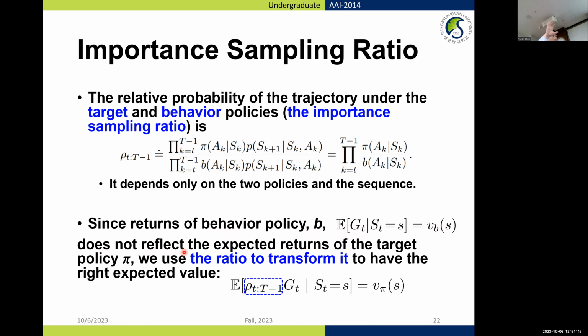It does not reflect the expected return of the target policy pi. So we use this ratio to transform it, rescale it, and it will get close to the policy pi. We just multiply this rho t to T minus 1, because it's a range, the accumulated ratio.